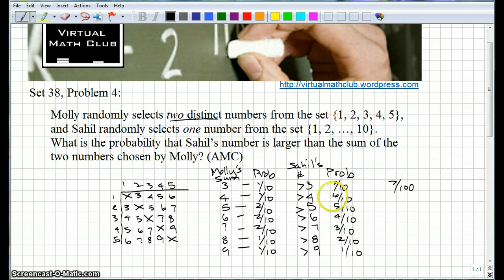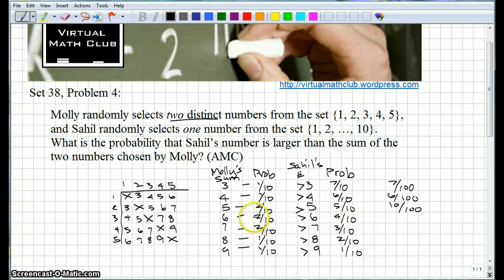Now the probability of Molly's sum being 4 and Sahil's number being greater than 4 would give us 6 out of 100. Molly's number is 5 and Sahil's is greater than 5, that would give us 10 out of 100. I'm just multiplying these together.